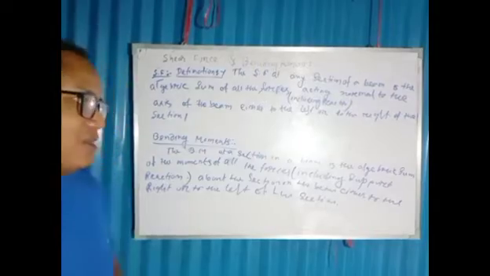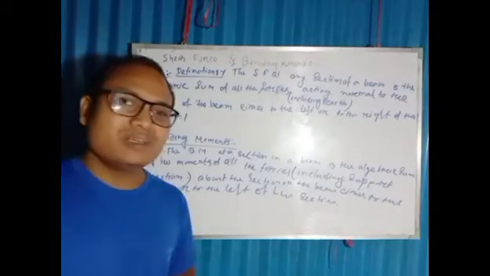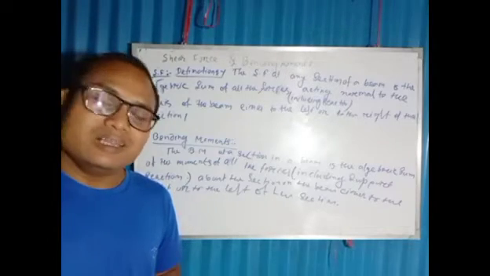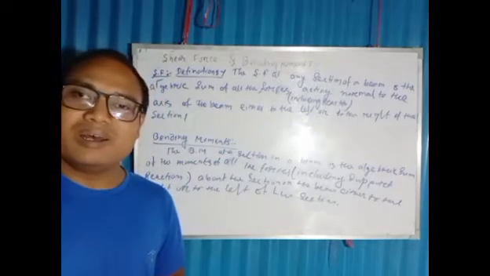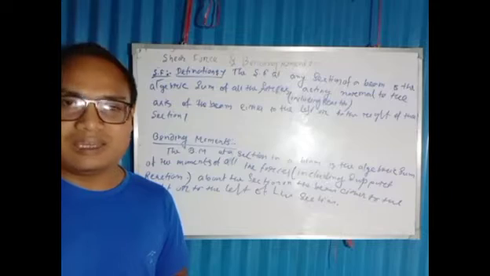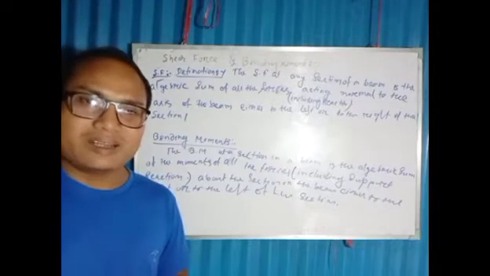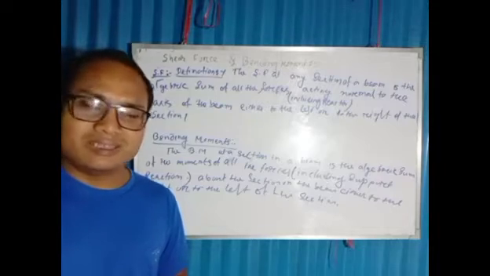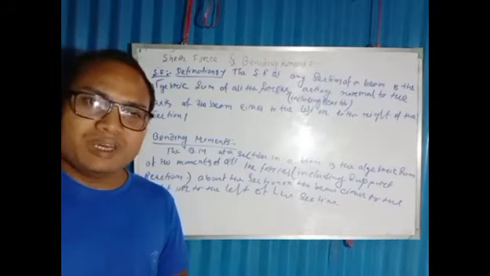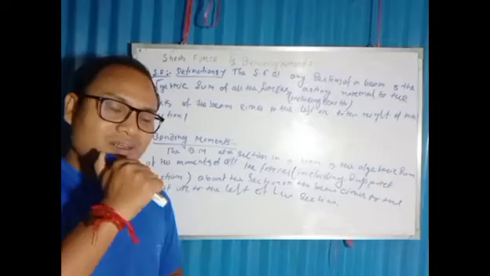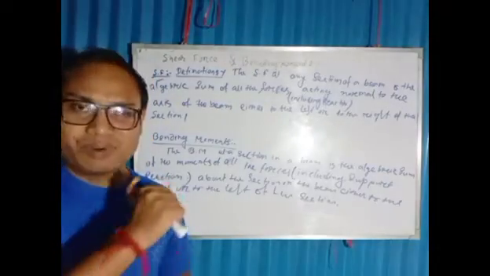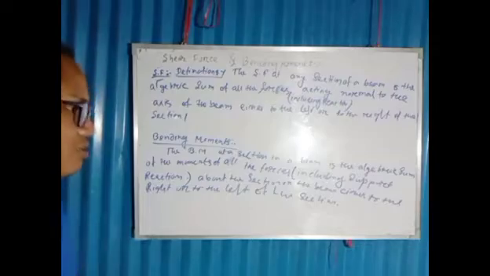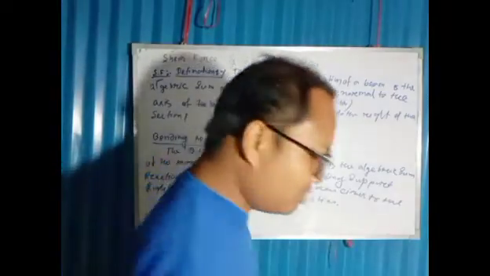So from here we can understand the bending moment is equal to the algebraic sum of the moments of the forces acting on the beam, either to the right or to the left of this section. Let's go into details so it will be very clear to your understanding.